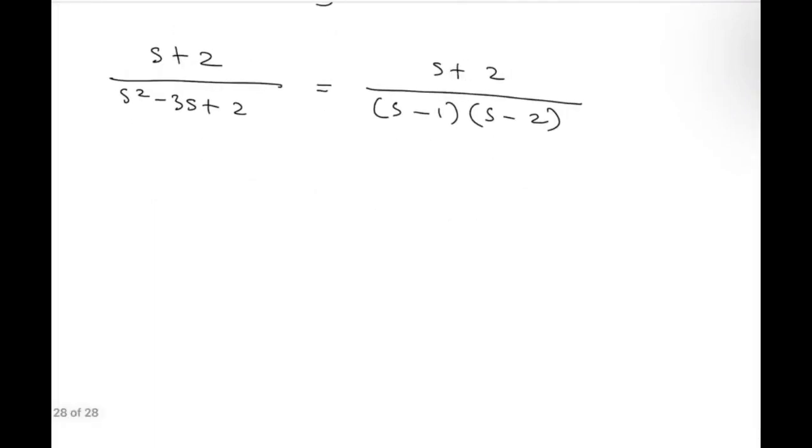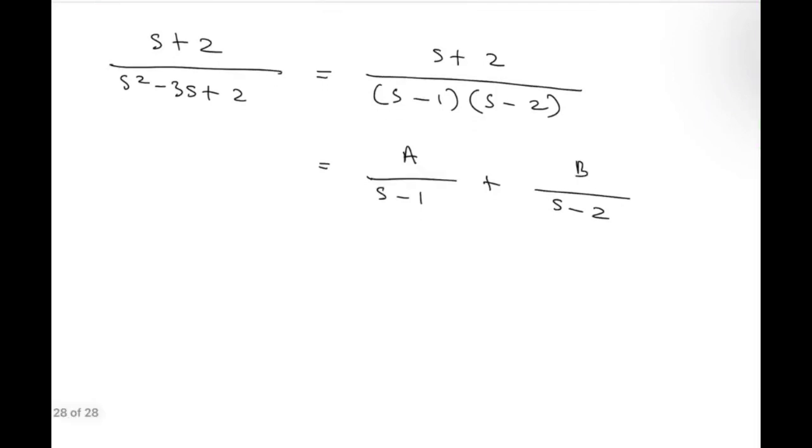Now I want to decompose it into two fractions. So let's write the first one s minus 1, second one s minus 2. So here we have linear, that means here will be A. Second one we also have linear, here will be B. So s plus 2 over s square minus 3s plus 2.